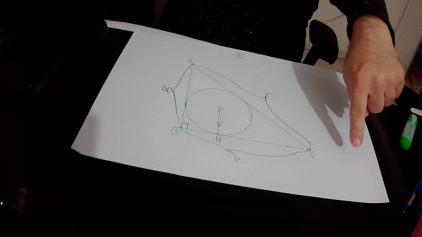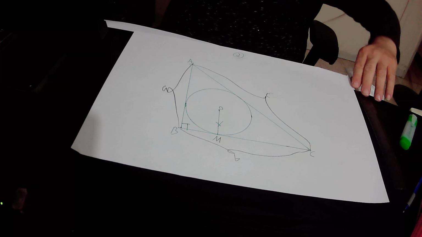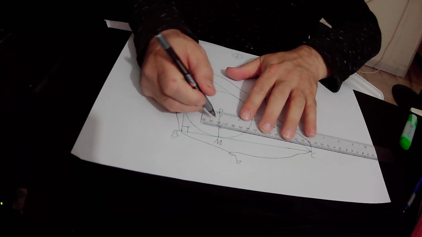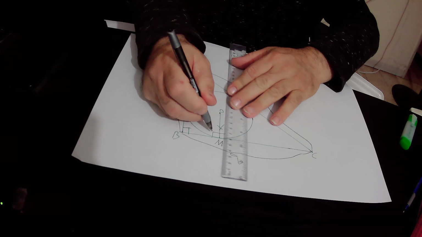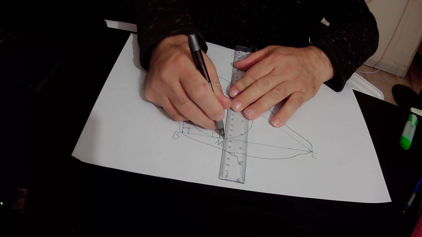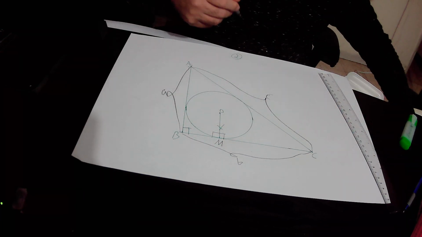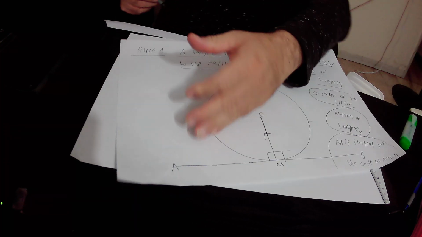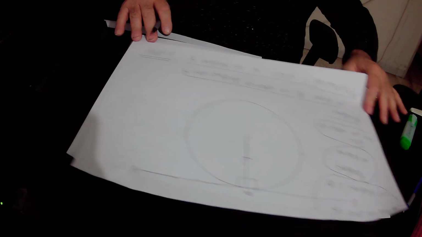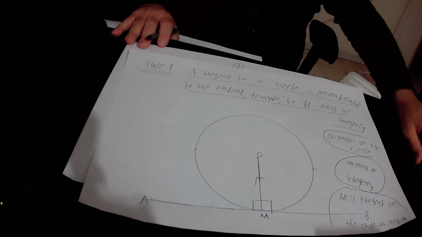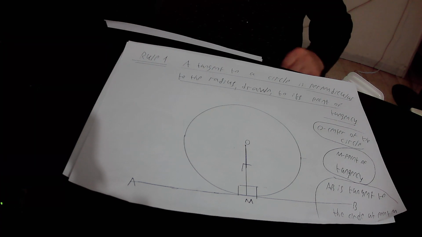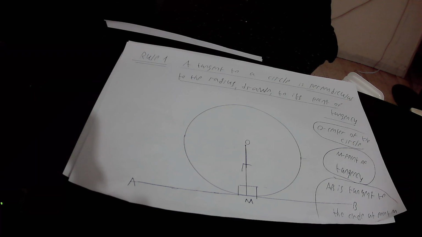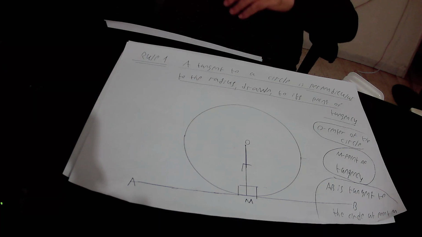If BC is perpendicular to MO, we get that this angle equals 90 degrees. And this angle will also be equal to 90 degrees according to rule number 1. According to rule number 1, a tangent to a circle is perpendicular to the radius drawn to its point of tangency.